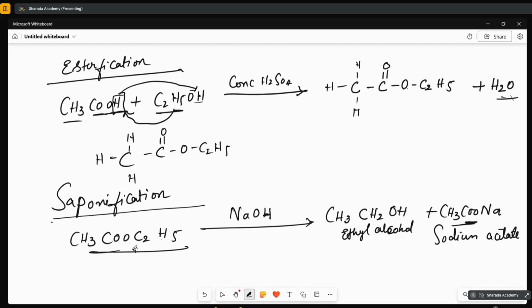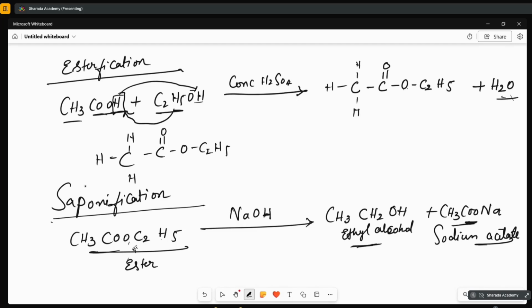What is this? Ester, no. In CH3COO, one H is replaced by C2H5. So ester, in the presence of NaOH, you will get ethyl alcohol back plus the sodium acetate. And this reaction, we call it saponification.